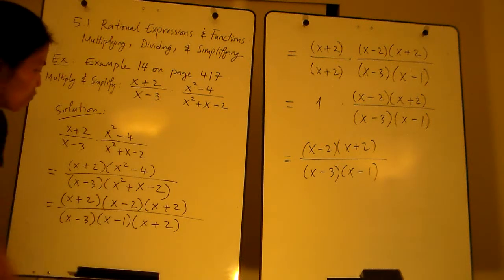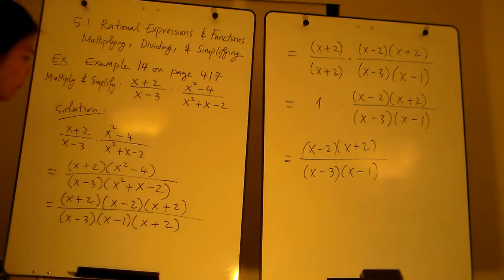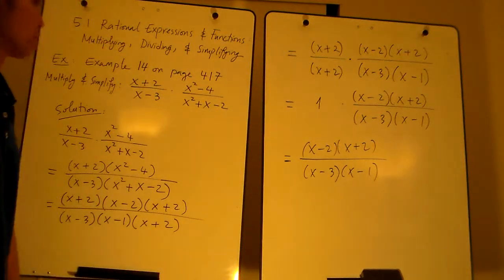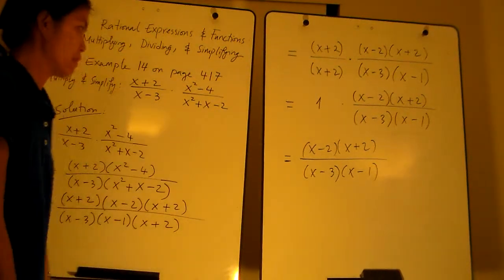Like this trinomial is factorable, so factor it out. Do not assume that what you got is the final answer when you cannot find any common factor. Sometimes the factor you got can actually still be factored. Okay? And then once you factor everything out completely, look for common factors and remove those common factors, then you have your final answer.